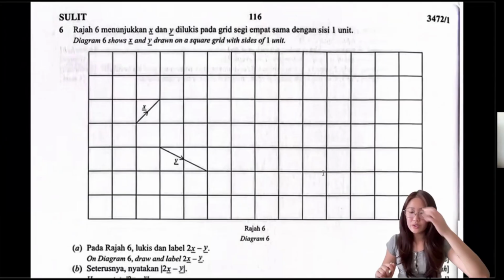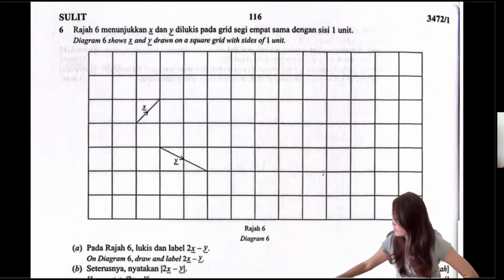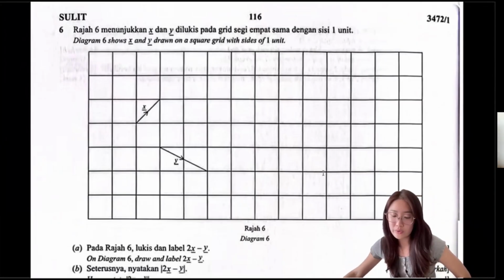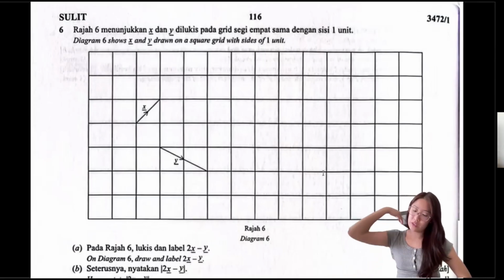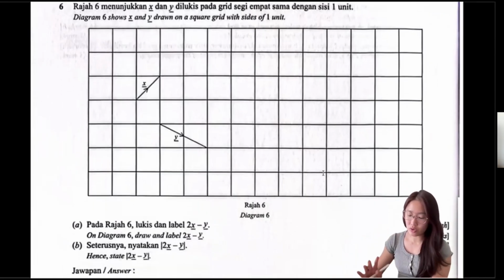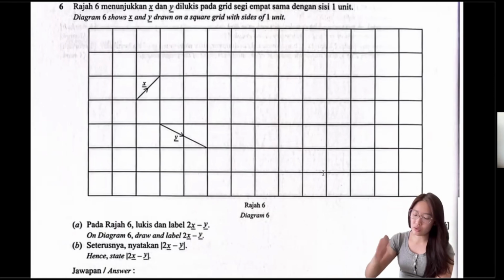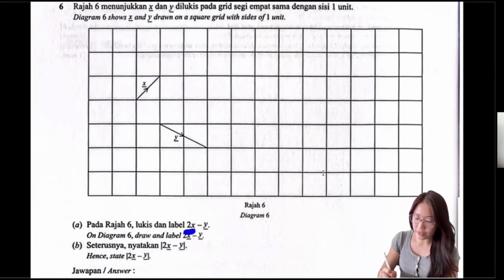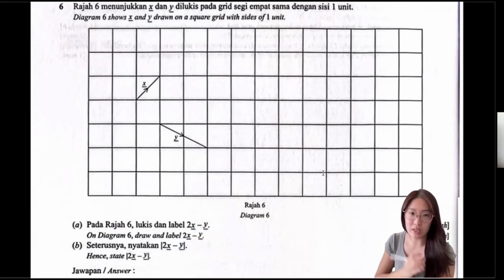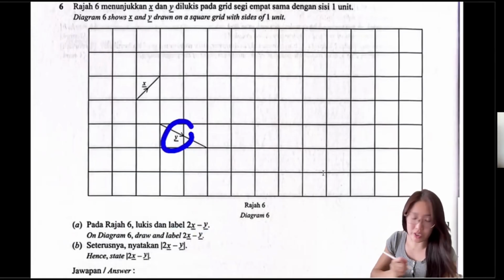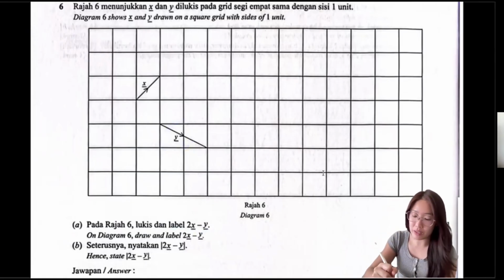Okay, diagram 6 shows vectors x and y drawn on a square grid with sides of 1 unit. On diagram 6, draw and label 2x minus y. Okay, guys, in vectors, direction is very important. Where you're moving is very important. So if they ask you to join 2x minus y, meaning y is in the opposite direction of the original one. Okay, it's like making a puzzle.